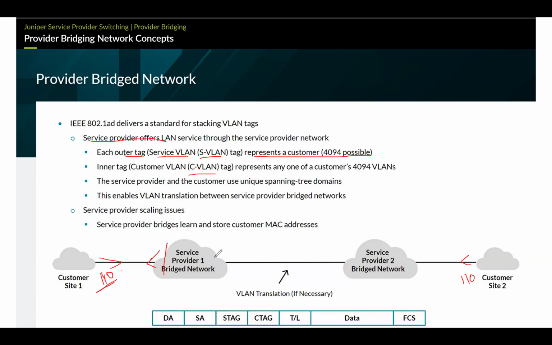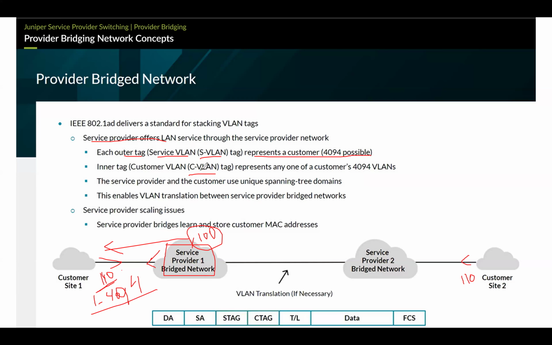That means in service provider 1, they use a single VLAN like VLAN ID 100. Against this service provider VLAN, the customer can use 1 to 4094 VLANs, against a single VLAN.